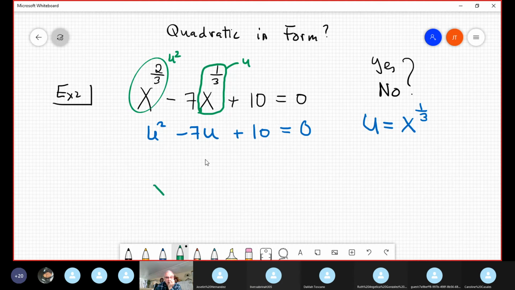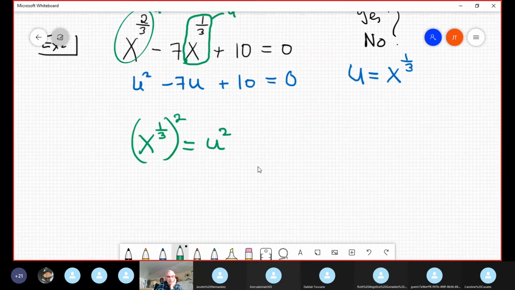Okay. Suppose x to the 1/3 I call u. This is my definition. Why do I do that? Because in order to solve this equation, I need to convert it to a quadratic equation. Suppose you square both sides. I suppose you remember the rule of exponents.